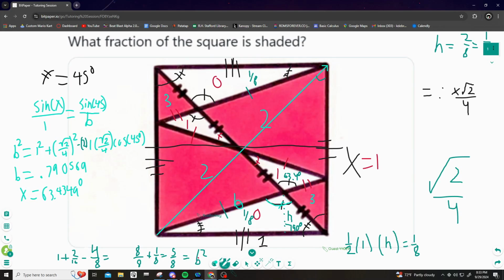Are these two lines parallel? I mean, they have to be, don't they? I think they technically have to be, yeah. So then it's a quadrilateral, so we can make this angle and this angle the same.